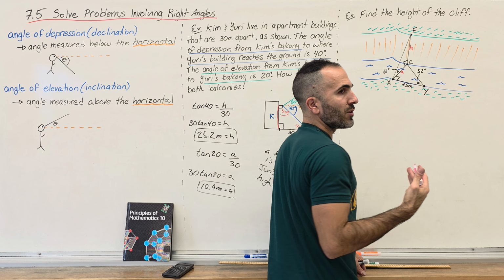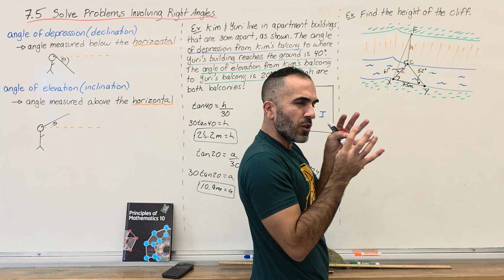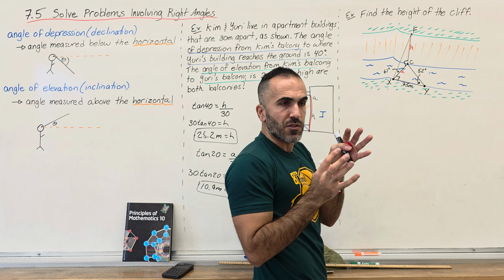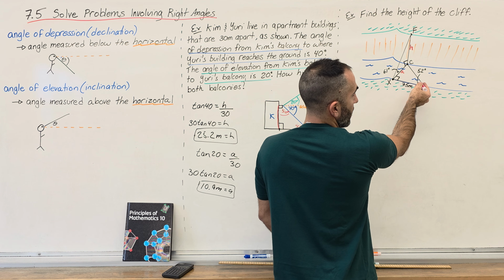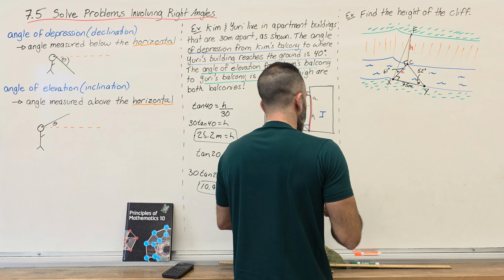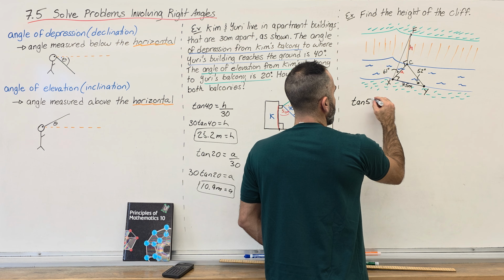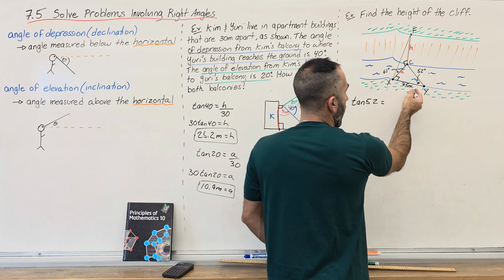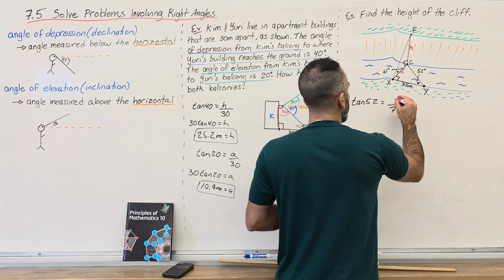Okay? Be careful when you're labeling your sides when it's 3 dimensions, because the dimension's warped. You might confuse your opposites and your adjacents and your hypotenuse, whatever. Yeah, the hypotenuse is always across the box. Here's the angle, opposite, adjacent, tan. Tan of 52 equals A over 75.